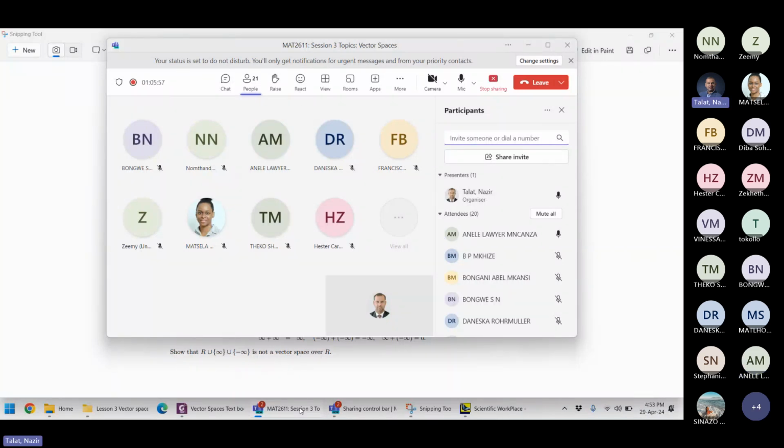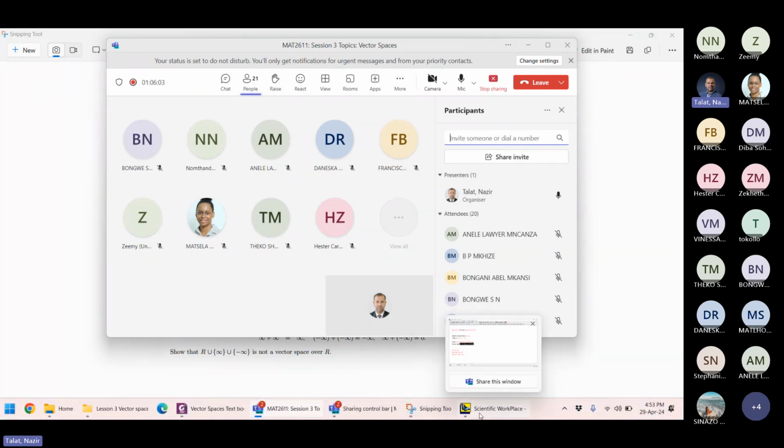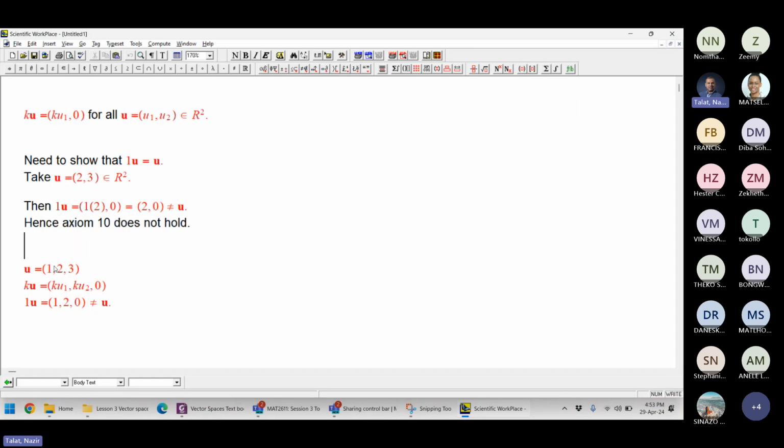Perfect. And for showing that it does not hold, you can also go with a counterexample or counter vector. As I'm saying, in R cube you have too many vectors, but you can choose any vector for which you show that it doesn't hold.